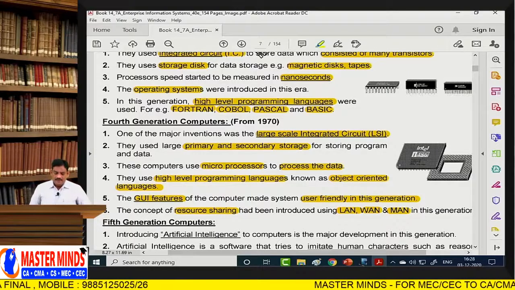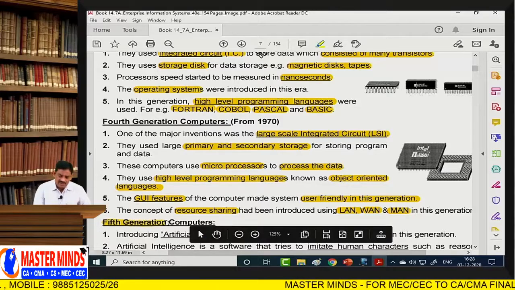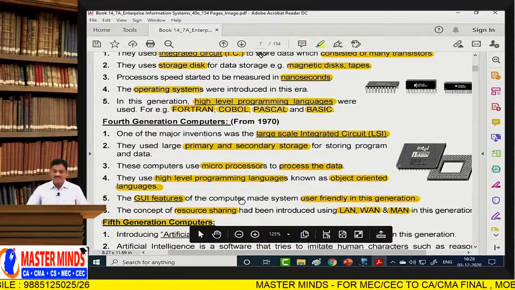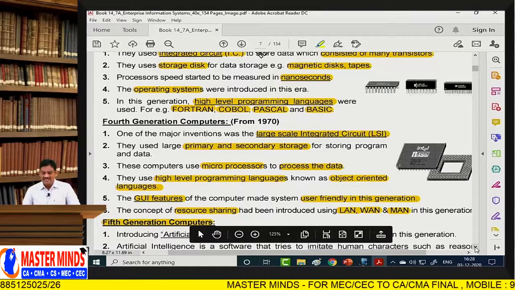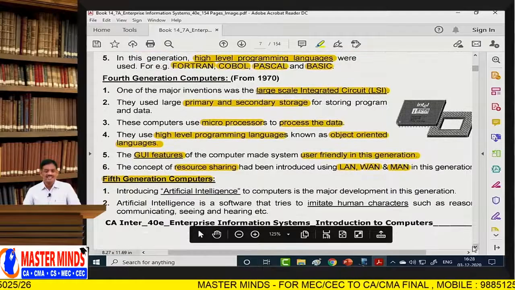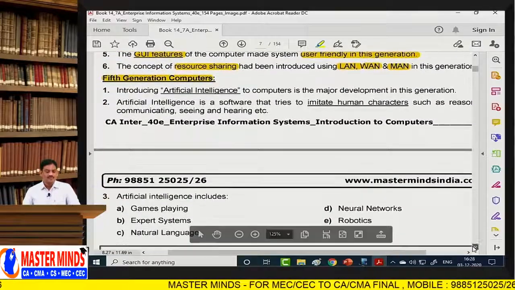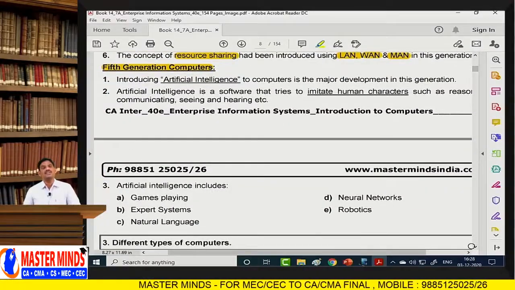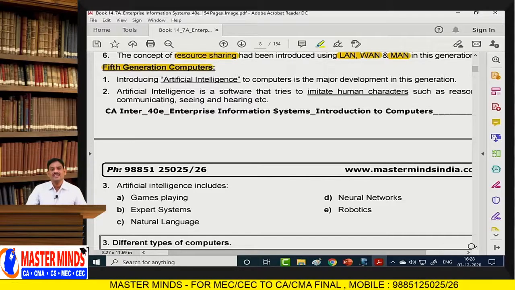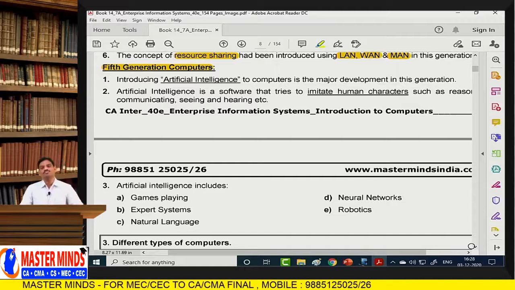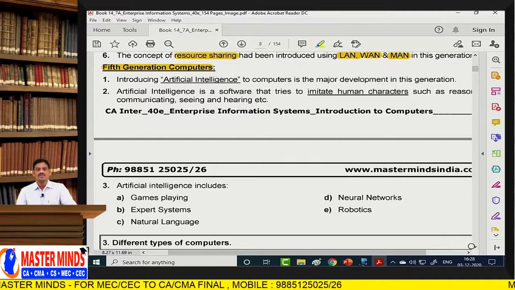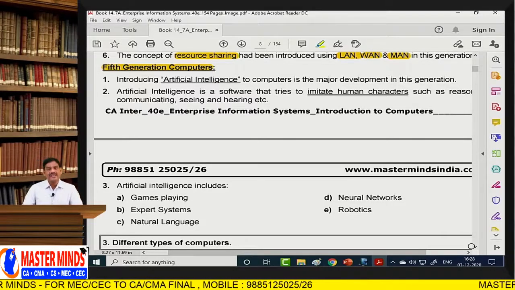Next, fifth generation of computers. How does this computer work, what are the various elements in it? Nowadays, we all are using fifth generation machines. Alexa is a fifth generation machine, Google Home, and then gaming applications, expert systems.